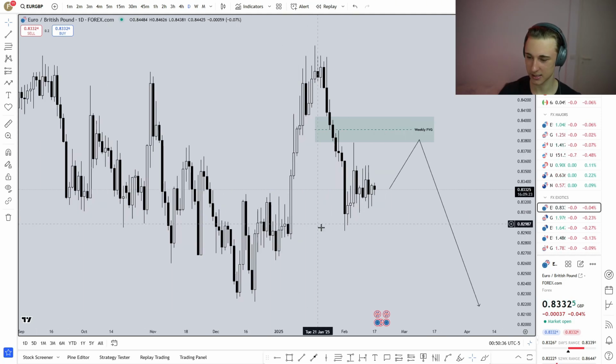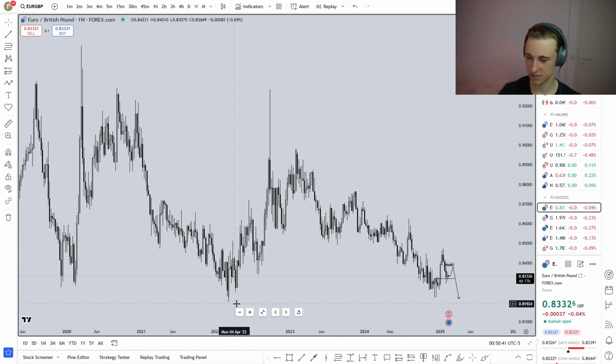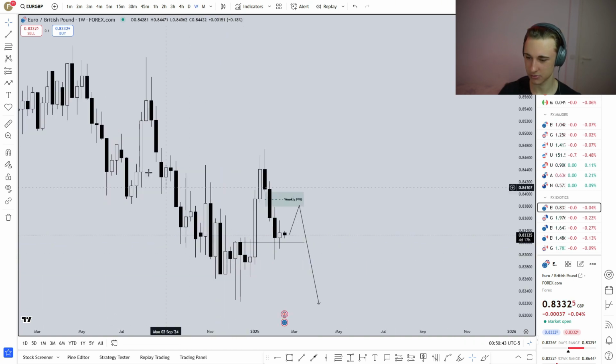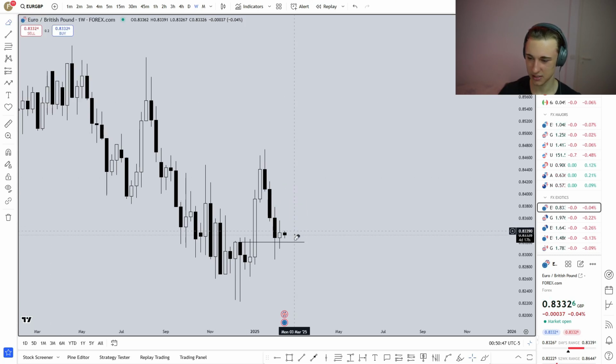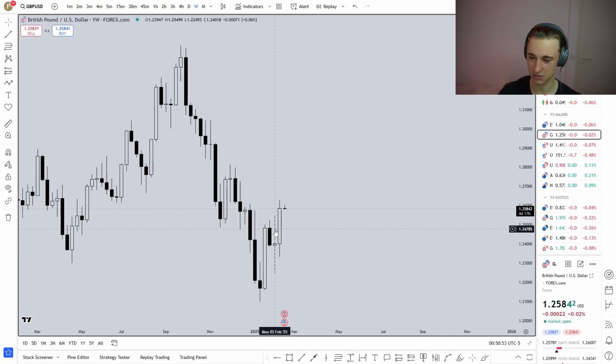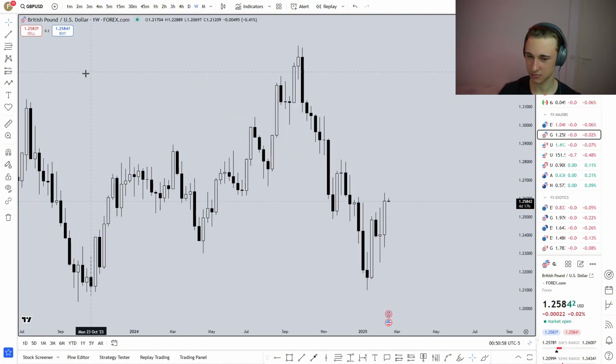But I'm fundamentally bearish on Euro GBP. We have this major low, I think we could really attack this sell side liquidity pool. That's why I'm heavily bearish on Euro GBP, and if Euro is bearish, Pound has the strength, then GBP USD should see more upside, and this is what we are already seeing.